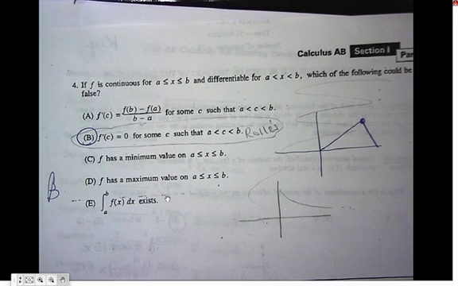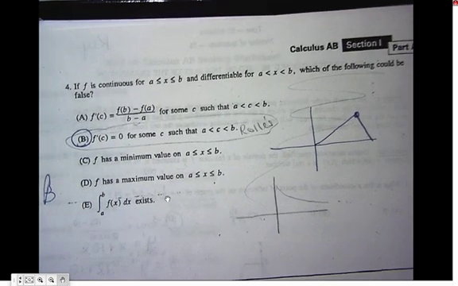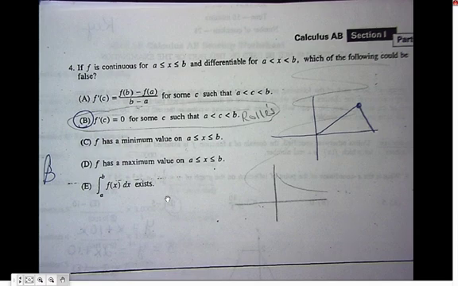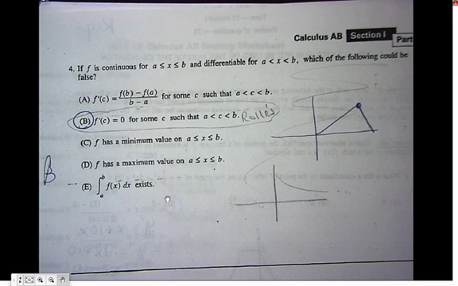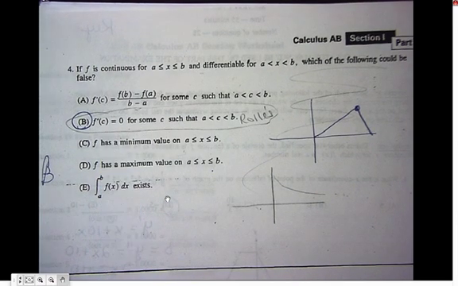Okay, so number 4 said if a function's continuous and differentiable. Ooh, that sounds like what theorem? Function has to be continuous on the closed, differentiable on the open. MVT or possibly Rolle's, but in order for it to be Rolle's theorem, what other thing do we need to know? F of A has to equal F of B, so that's why B could be false, because they didn't put the other stipulation for Rolle's theorem.